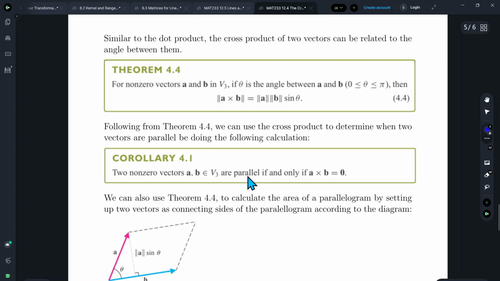Parallel just means that there are a couple of ways of thinking about it. That means they either point in the same direction or opposite directions. And in terms of the components of the vectors, it just means that one is a scalar multiple of the other.